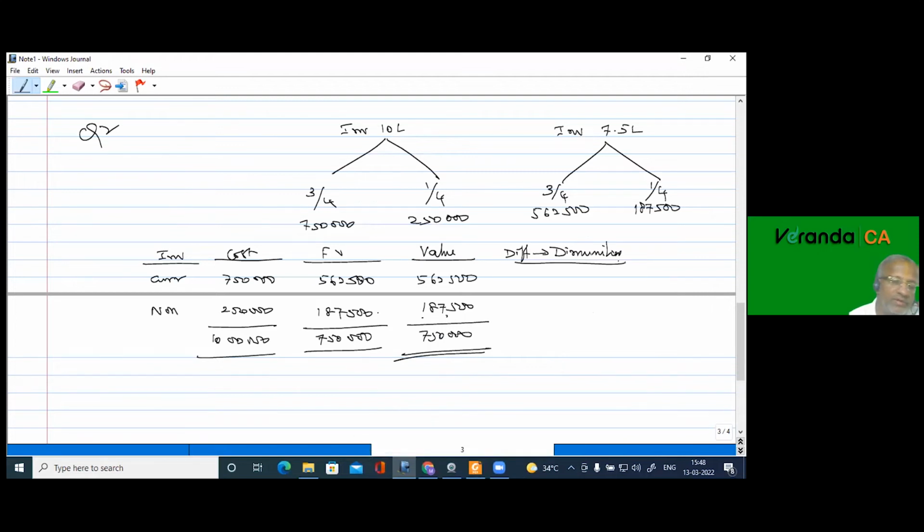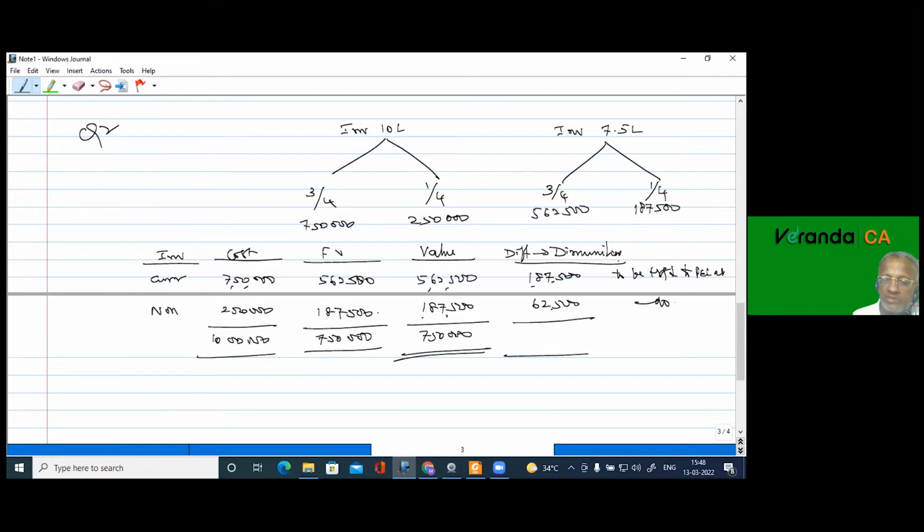The diminution is 7,50,000 minus 562,500, which is 187,500, and 62,500 is to be transferred to the P&L account.